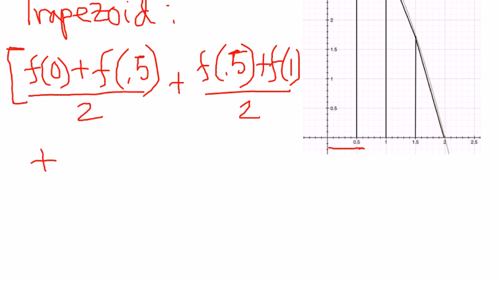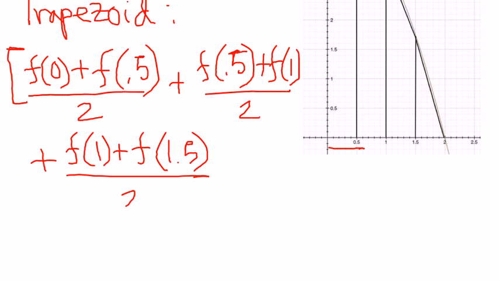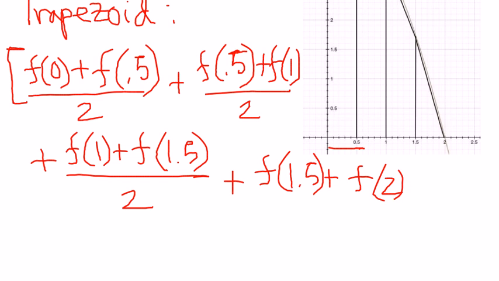So we take f(1) plus f(1.5) over 2, that's the third trapezoid, and the last one is (f(1.5) plus f(2))/2, and then multiply the whole thing by 1/2.